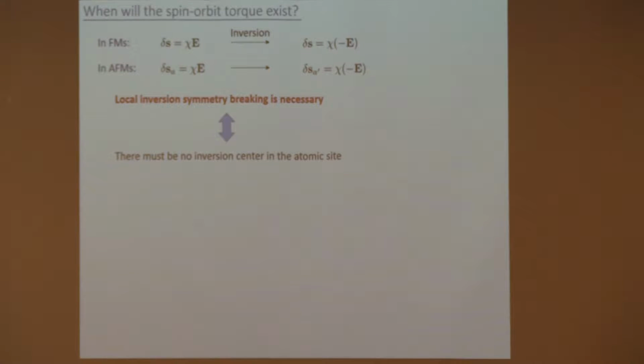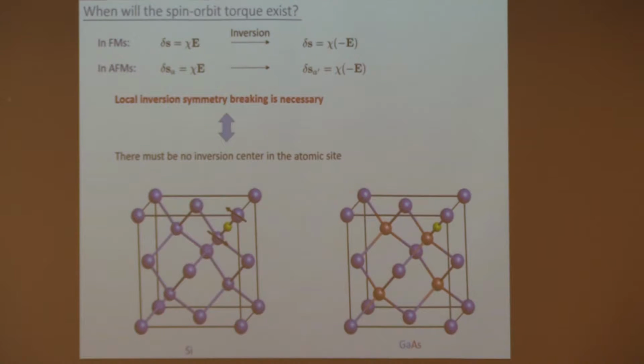So the inversion will in general bring one atom to another atom. And so the non-equilibrium spin polarization will be prohibited only if the inversion center is in the atom itself. And so this condition is less strict than in ferromagnets. We find that we don't have to break the inversion symmetry globally, but only locally, which means there must be no inversion center in the atom inside.